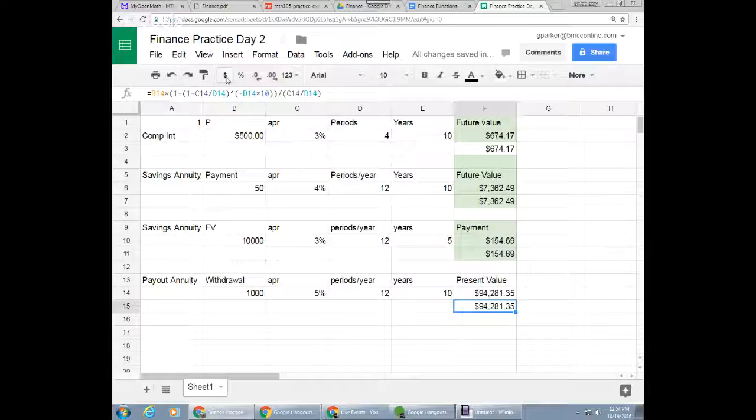It's challenging. Okay. So keep in mind, all of these programs and formulas can be used in multiple directions, which is kind of cool. So I can say, okay, how much do I need now so I can get this payout every month? Other thing I could say is, well, suppose I need $10,000 now.